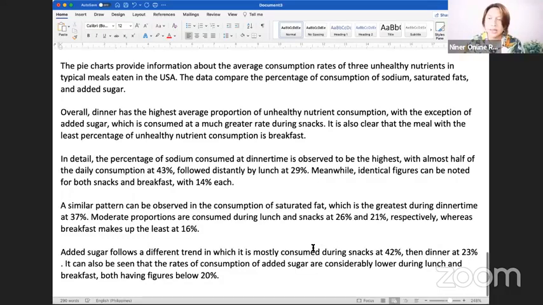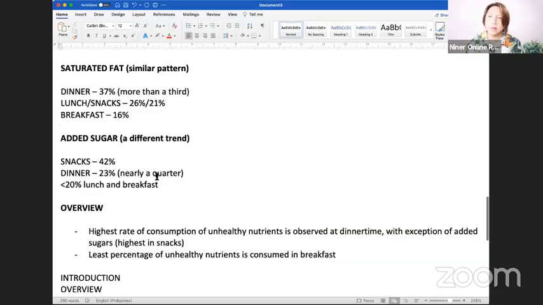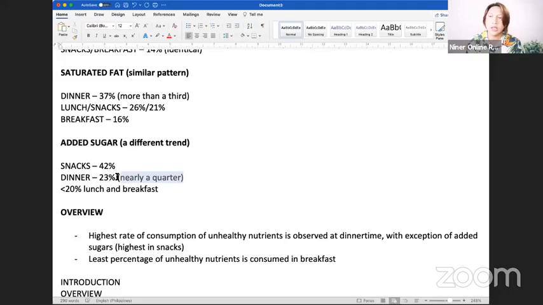It can also be seen that the rates of consumption of added sugar are considerably lower during lunch and breakfast, both having figures below 20%. I forgot to write "nearly a quarter," so I'm going to change that up.